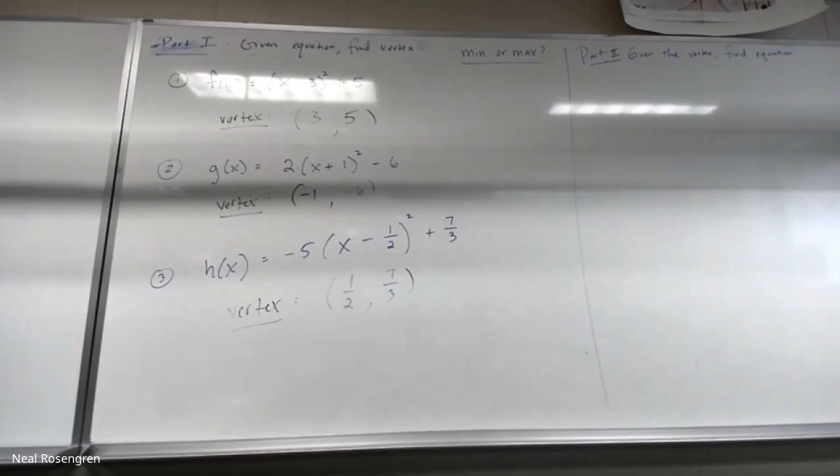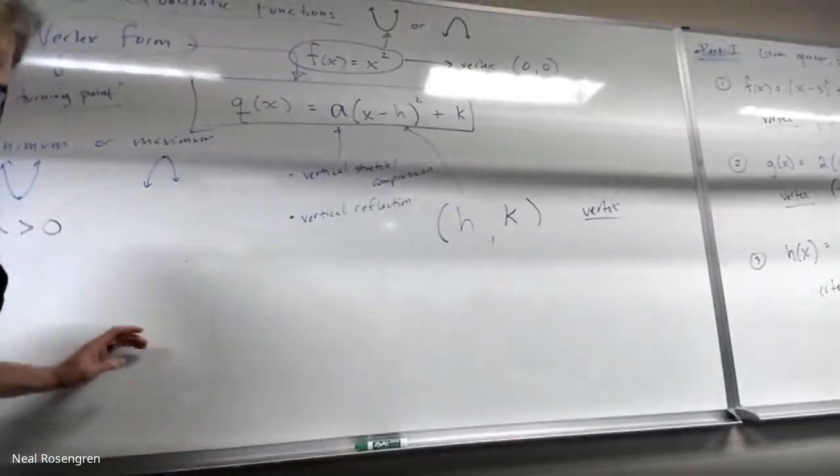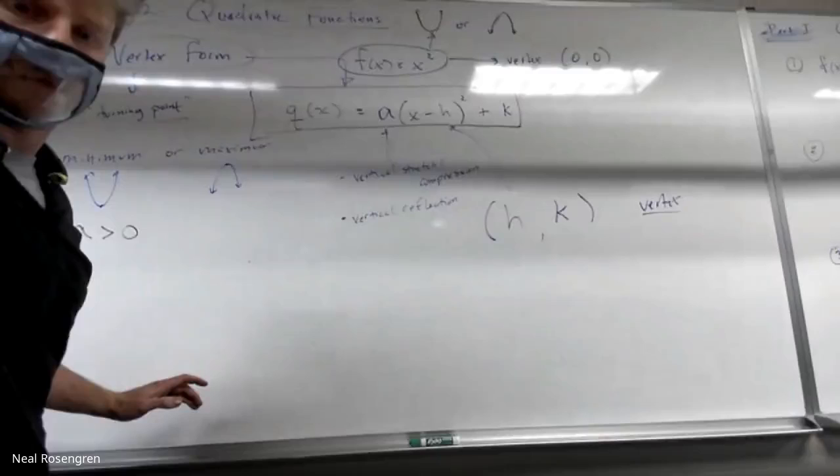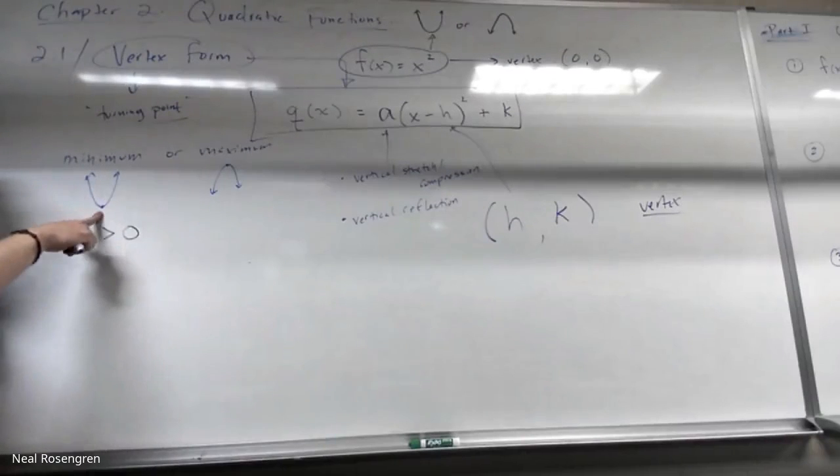What was the letter that we chose for that number in front? A. If A is greater than 0, it's going to have a minimum.